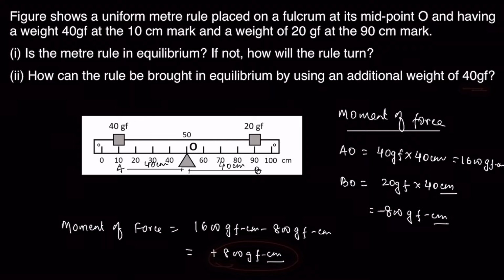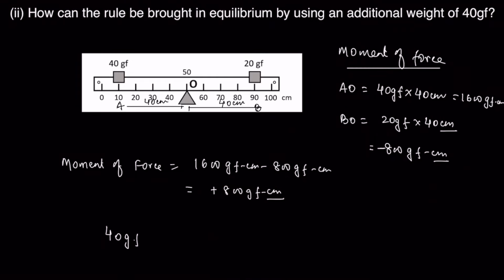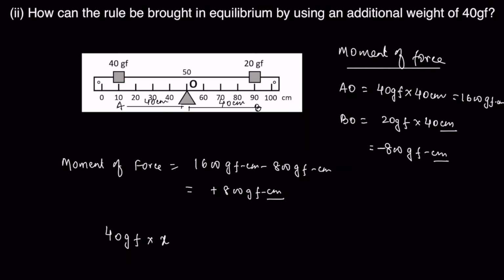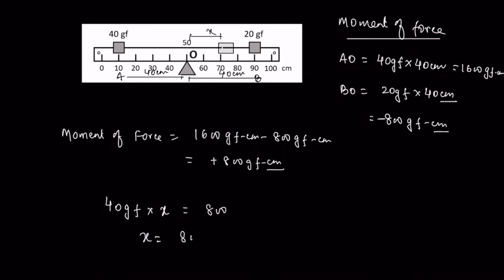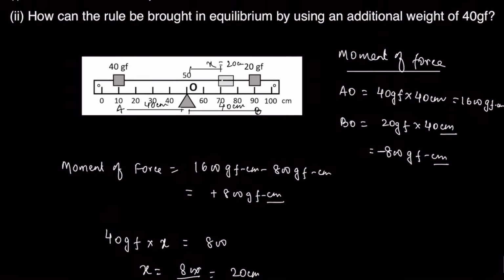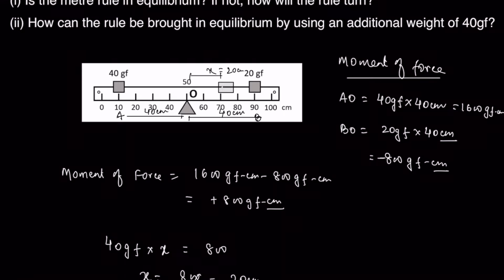So we can say 40 gf into X. Let's assume that the 40 gf is present somewhere on the right side at distance X from the fulcrum. So it is equal to 800. So X is equal to 800 by 40, which is 20 centimeter. When we place the object at 20 centimeter from the fulcrum, the body will be in the equilibrium state. And from the 0 mark, it is 70 centimeter.